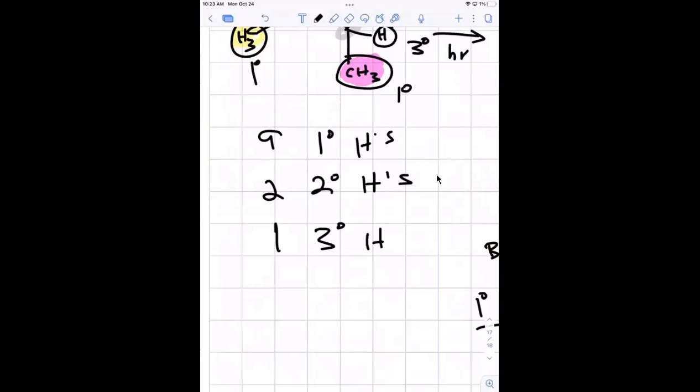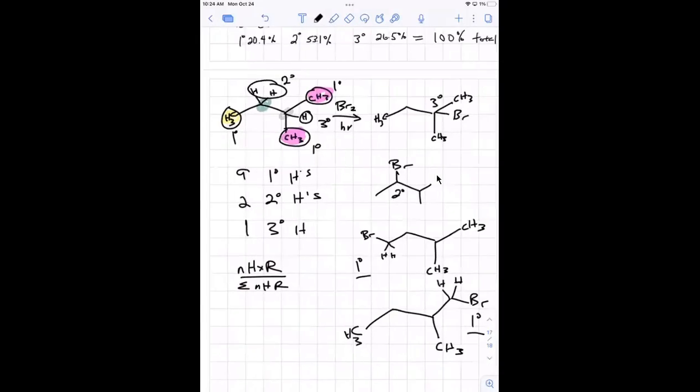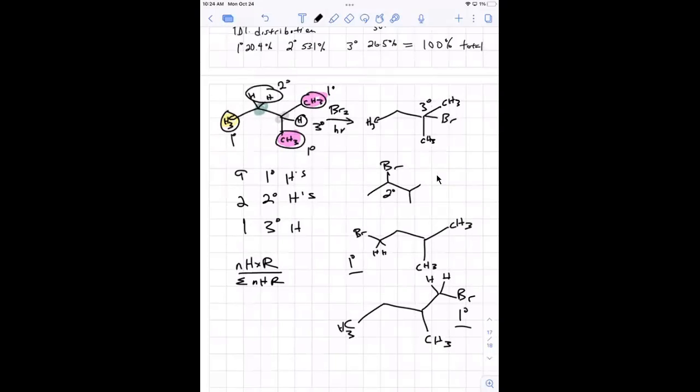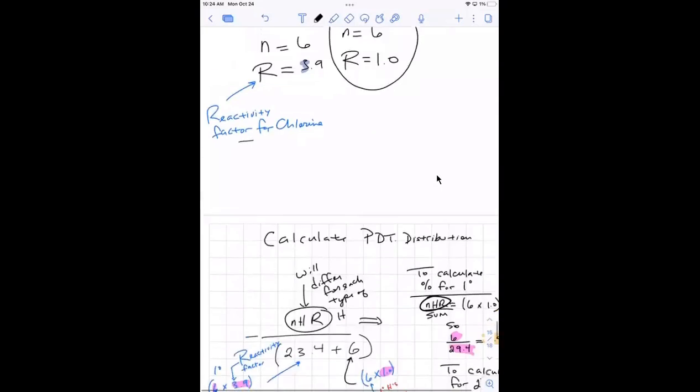All right, so when we're calculating the product distribution, it is NH R over the sum of NH R. R is the reactivity factor, NH is the number of each type of hydrogen. So let's go back up here, let's get R for bromine.